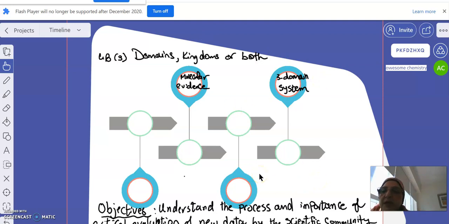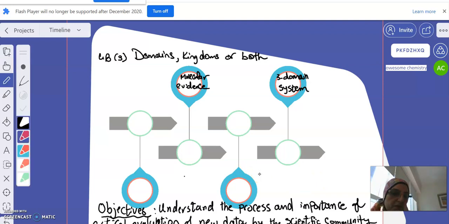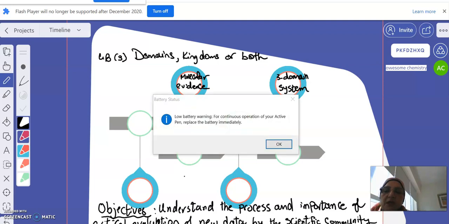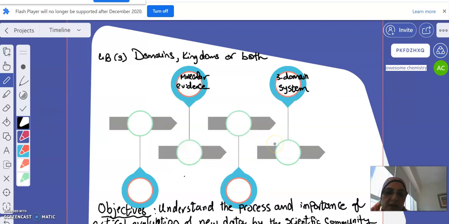You know, the lesson today is not like it doesn't include new information. It is just to analyze the idea of domains and kingdoms. So the objective of the lesson is to understand the process and the importance of critical evaluation of new data by the scientific community, leading to new taxonomic groupings.